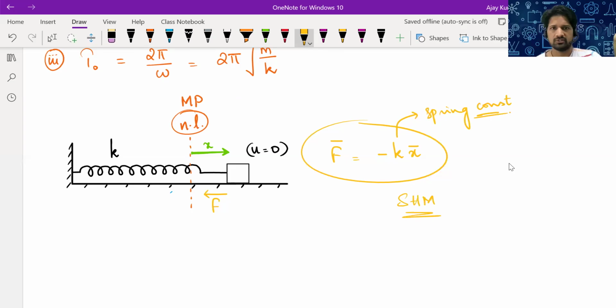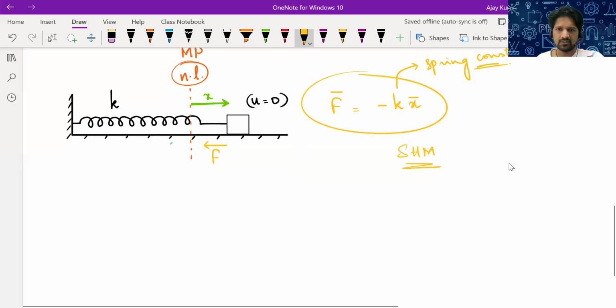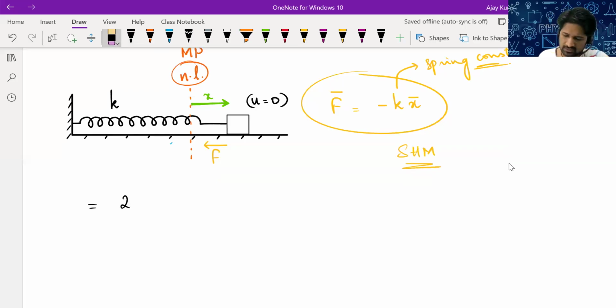In the condition for SHM, F net is equal to minus Kx. K is called the force constant. When it comes to a spring block system, in place of that force constant, you get the spring constant itself. So this definitely executes SHM, and K here is the spring constant. Then you can easily tell the time period. Let's do it step by step. Let's calculate omega first.